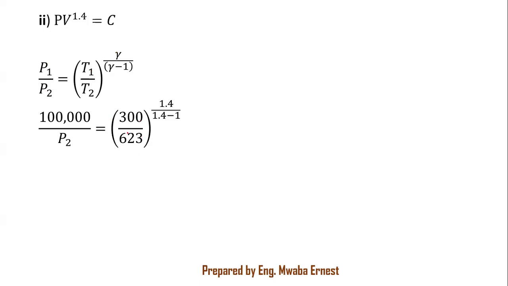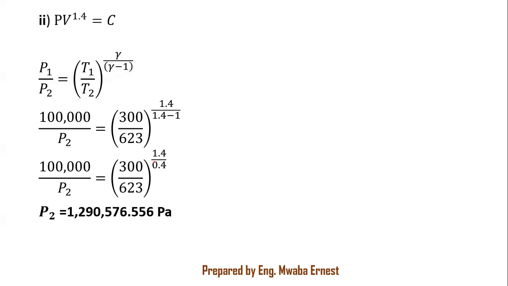T2 is 623, raised to the power 1.4 divided by 1.4 minus 1. Okay? Then we proceed. From there, 1.4 minus 1 is giving us the 0.4. And then the final answer comes out as 1,290,576.556 pascals.